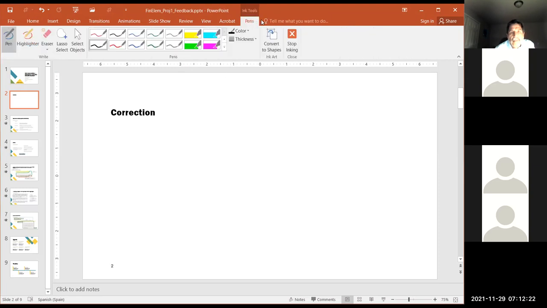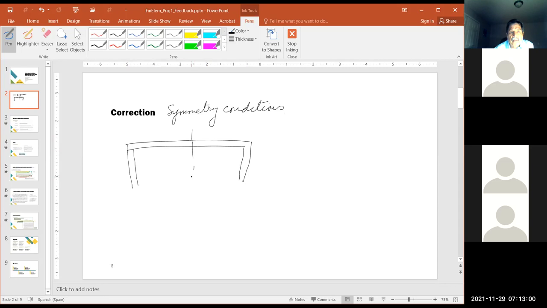So, in general, when we have symmetry, for example, we have a deck frame like that. Here we have the side, something like this, and here we have the center line.